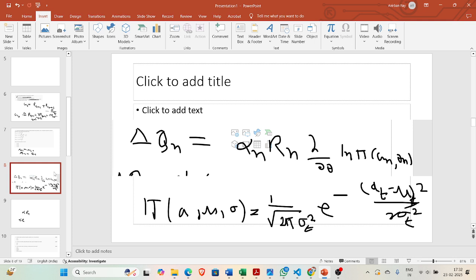So let's proceed. First we are taking the logarithm here. As you can understand, when we take the logarithm, the ln 2 pi, and what we're getting is minus half.